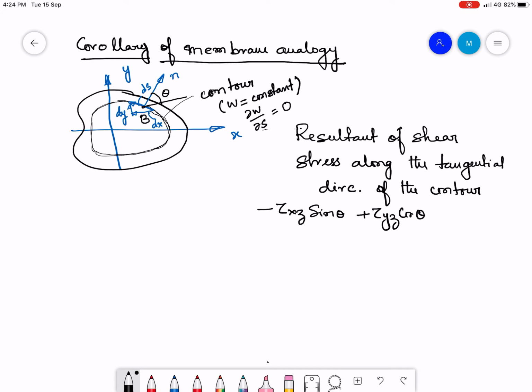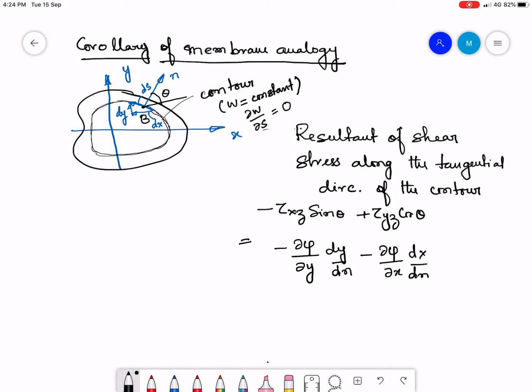Okay. So, now this can be written as minus del phi by del y into dy by dn minus del phi by del x into dx by dn. dn is an elemental length in the normal direction.